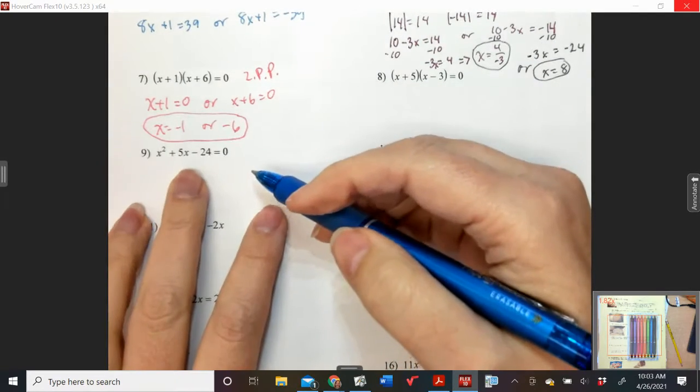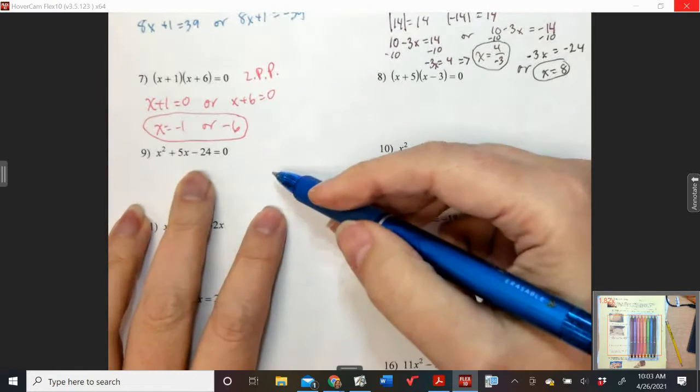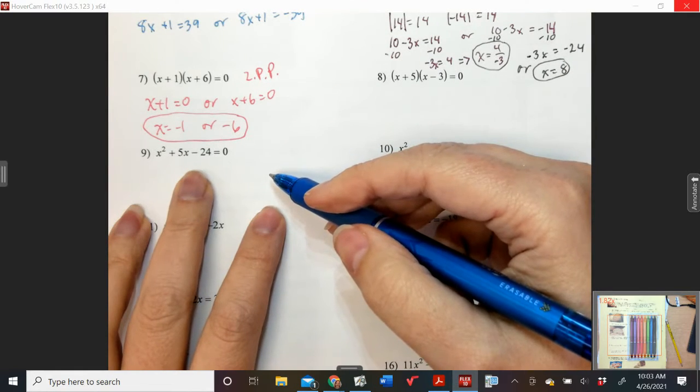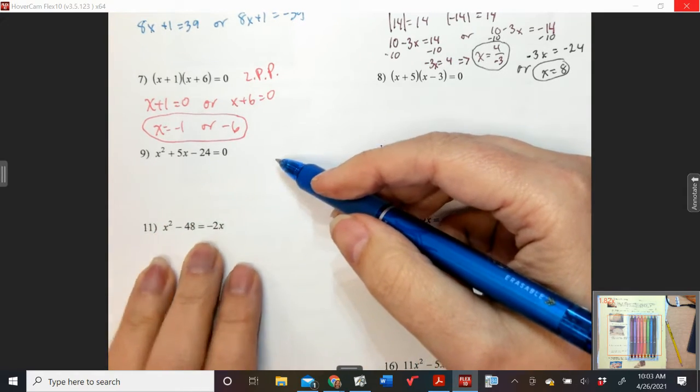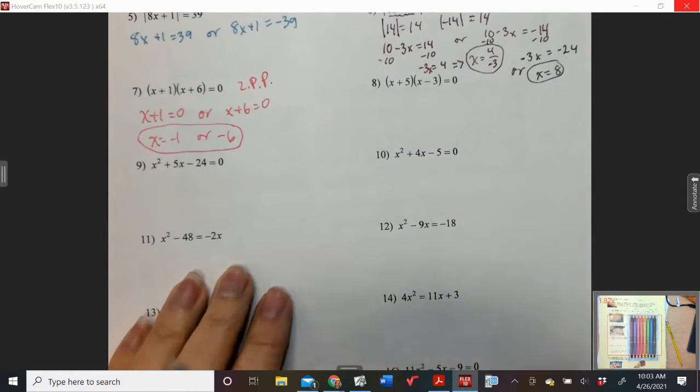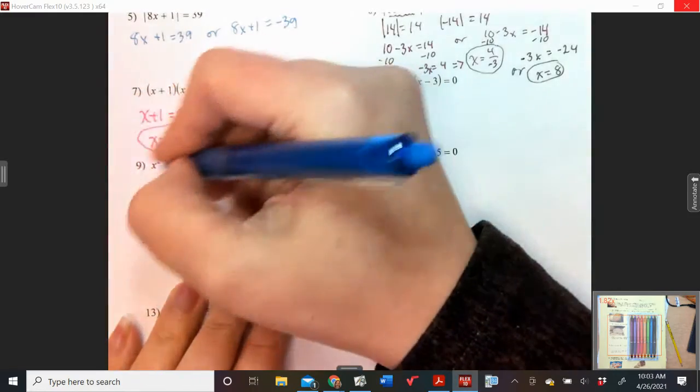Number 9, we can either use the quadratic formula or factor, your choice. Most of you are going to choose the quadratic formula, so I'm going to go ahead and do that for you. I would choose to factor. I'll do that in a second.